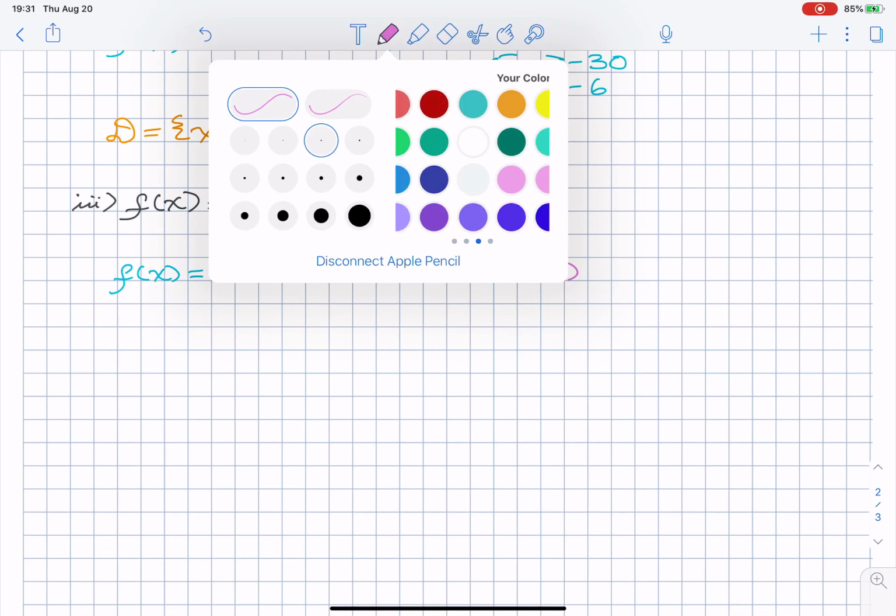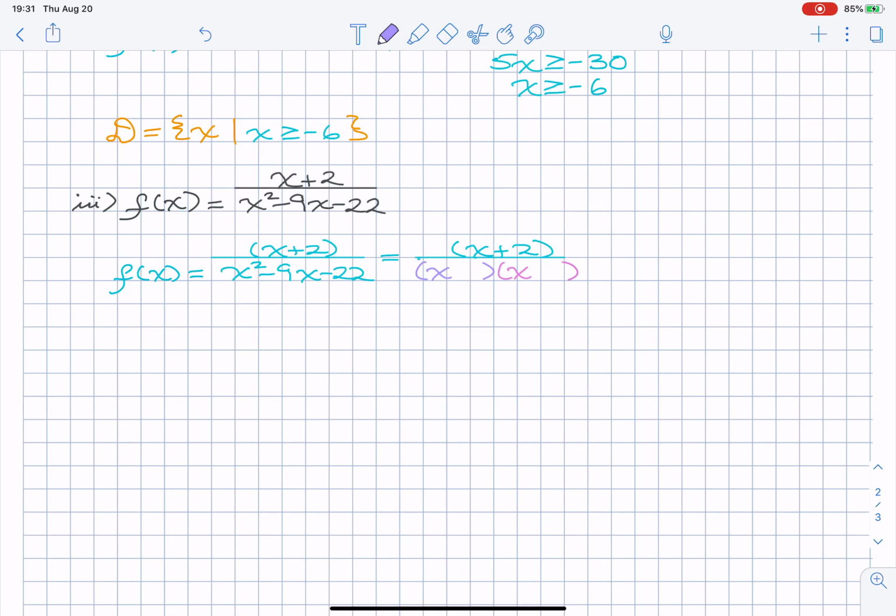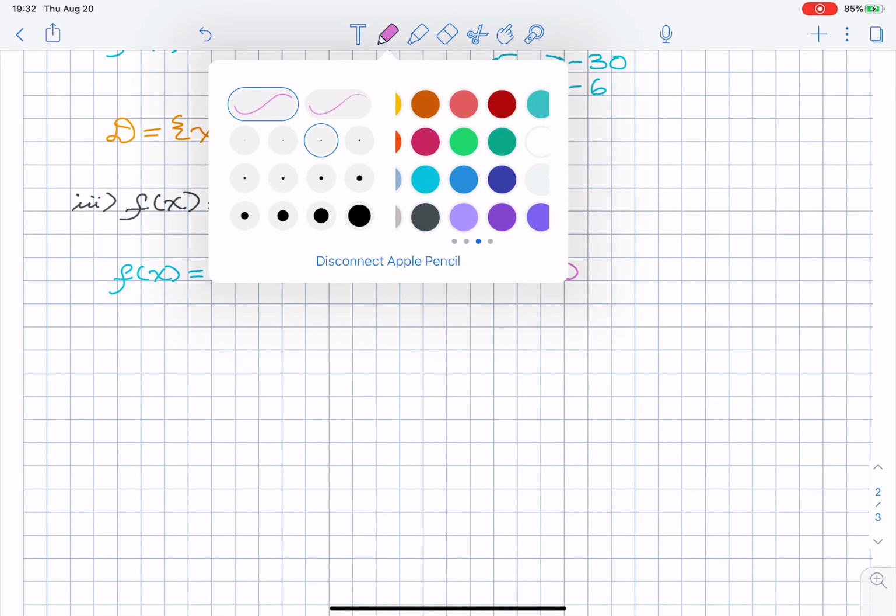Okay, so 22 is really 2 times 11. So if I have negative 11 and positive 2, if I add those two, I get negative 9. But if I multiply them, I get negative 22.